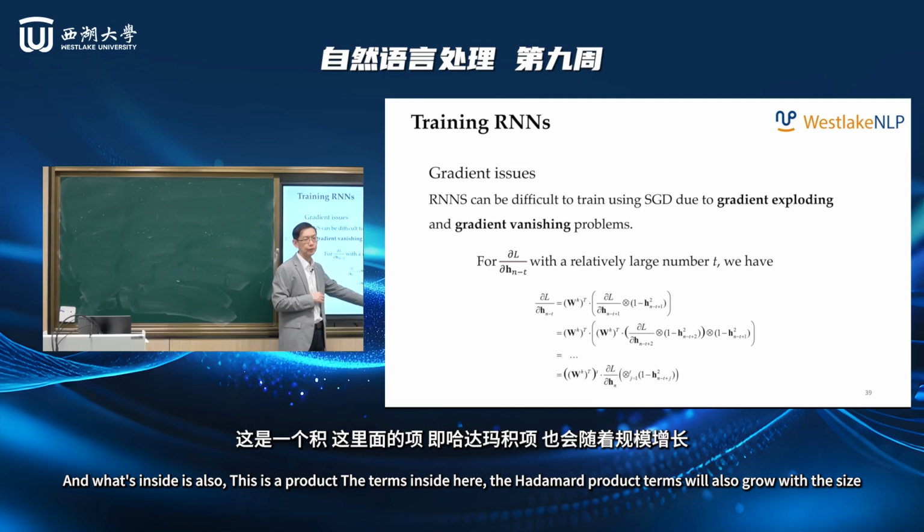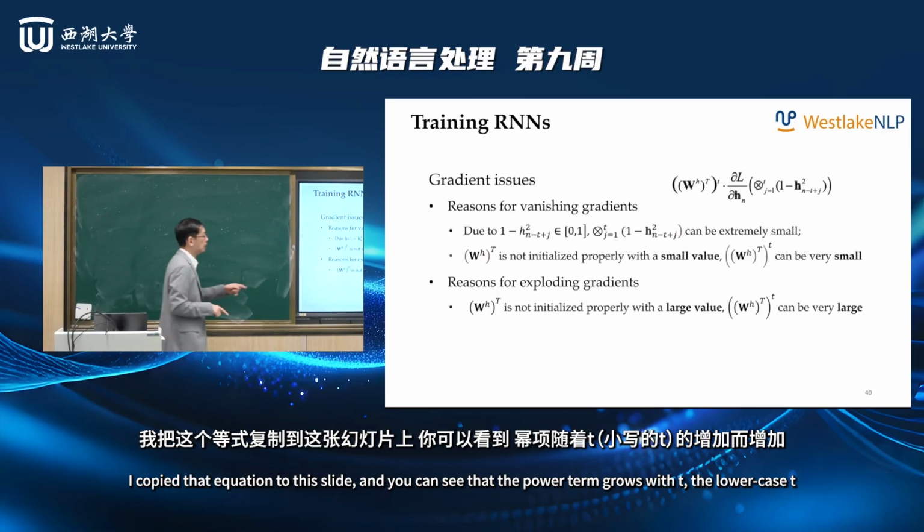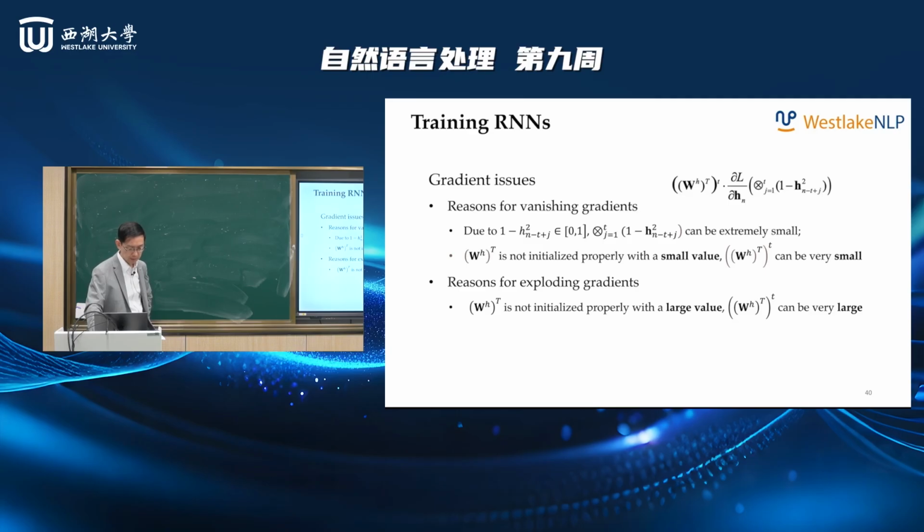The terms inside here, the Hadamard product terms, will also grow with the size. Okay, I copy that equation to this slide, and you see that the power term grows with t, the lower t, okay? There could be issues.